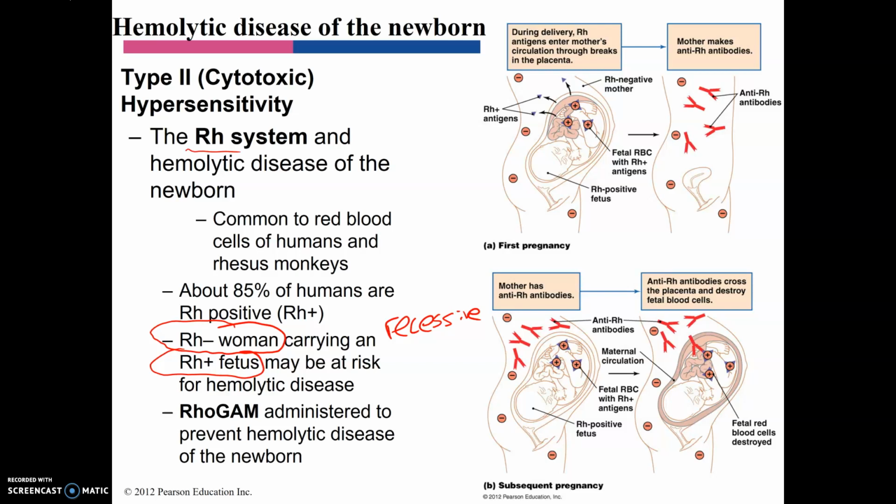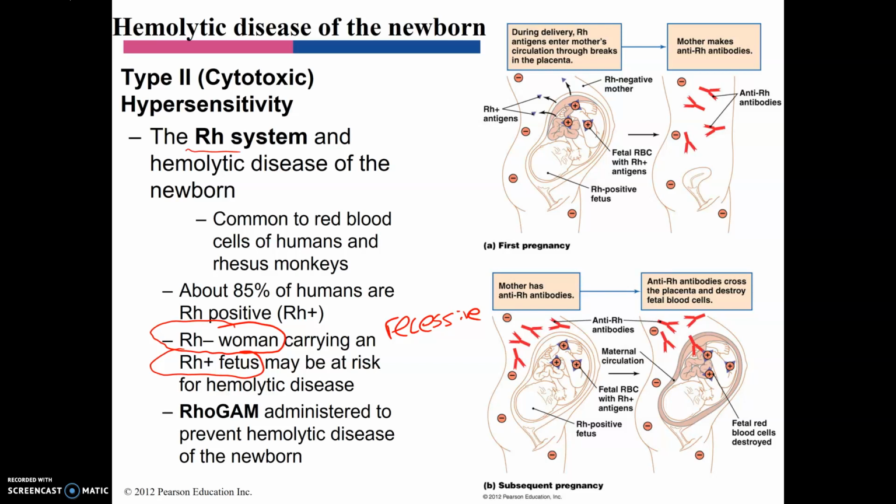IgG antibodies would be the type that could then cross the placenta and attack the developing fetus. Now, with the first pregnancy, this often does not happen because blood does not usually get mixed between the fetus and the mom until very late in the pregnancy, like when the placenta is pulling away during the birthing process.